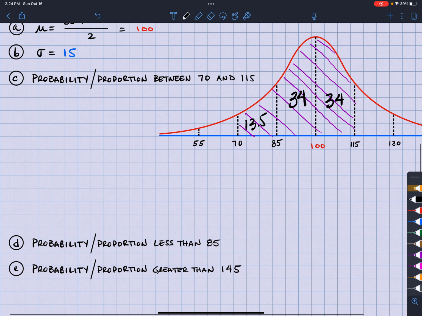So now between 70 and 115 is going to be 34 plus 34 plus 13.5. Let's make sure my math is right. So it's 68 plus the 13.5, and I get 81.5%.